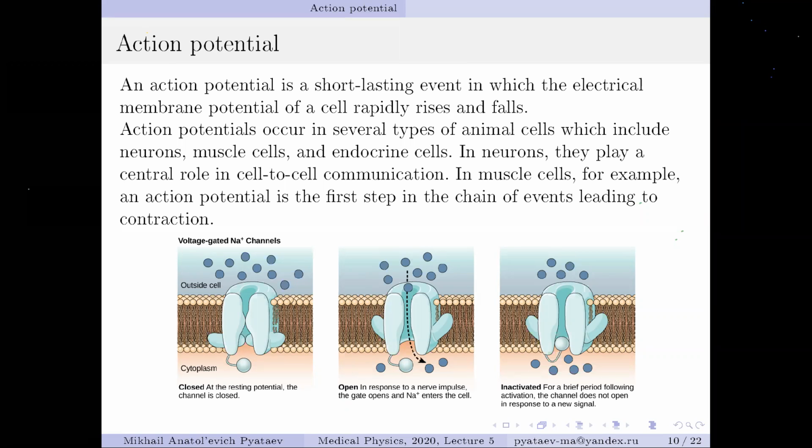When our muscles are contracted or our heart is doing its work, there is a nerve pulse which comes to the muscle and starts the muscle contraction, and it travels by the nerve tissue using this cell potential.